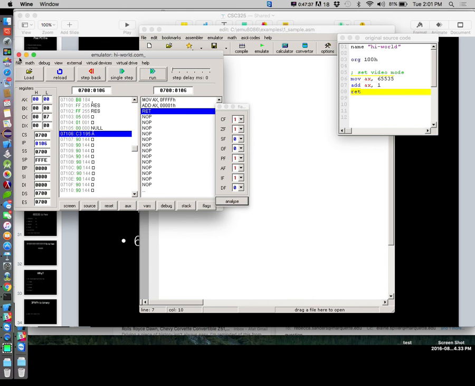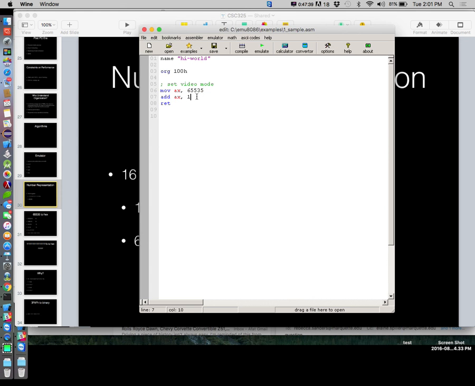Let me show you what I mean by that. Let's say I add 2 here. What will the result of 65,535 plus 2 be? 65,537, which is 0, 1. What's 65,537 in binary?